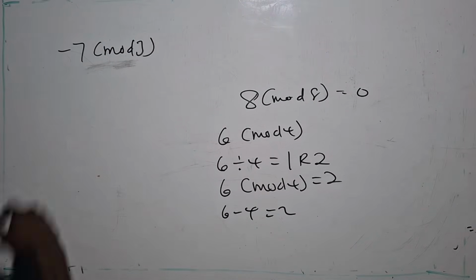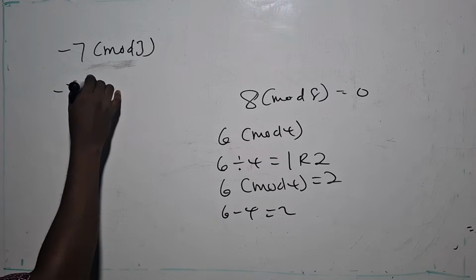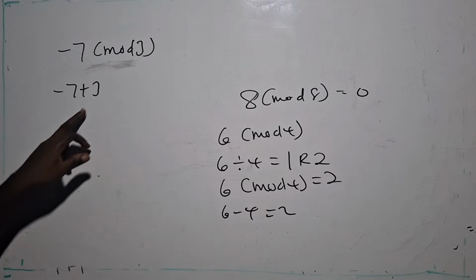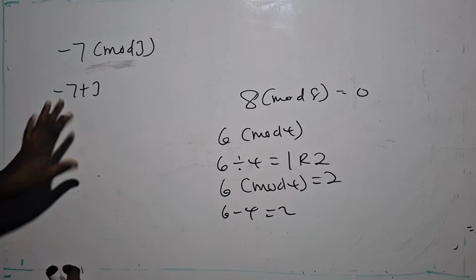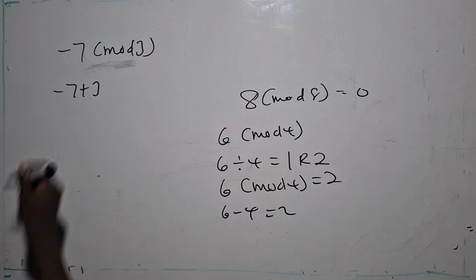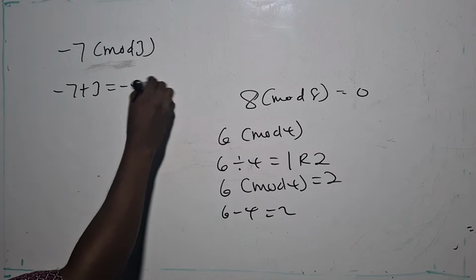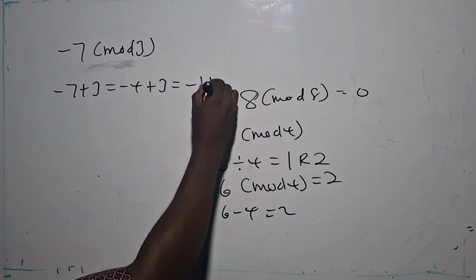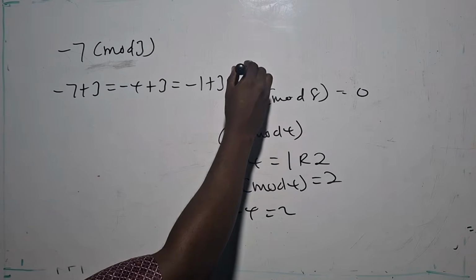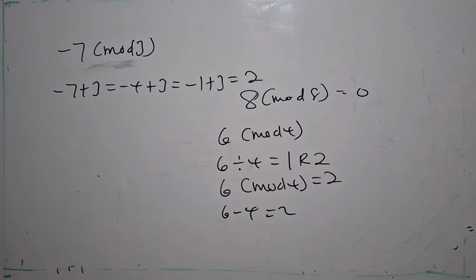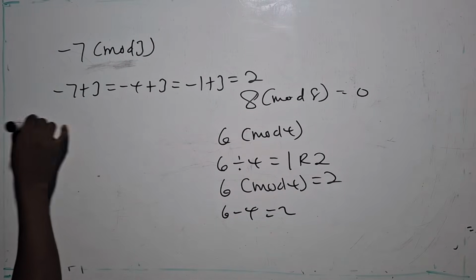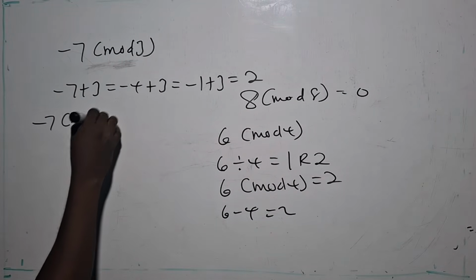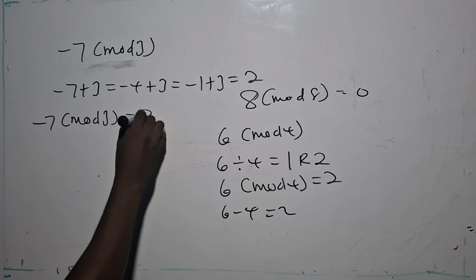We add the modulo. So negative 7 plus 3 gives us negative 4, which is not accepted. Negative 4 plus 3 again gives us negative 1. Then plus 3 gives us 2. This is the first positive number, which is also lesser than the modulo. So anytime you see negative 7 mod 3, the answer is 2.